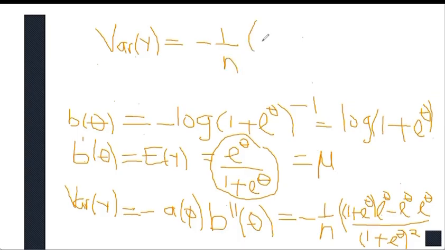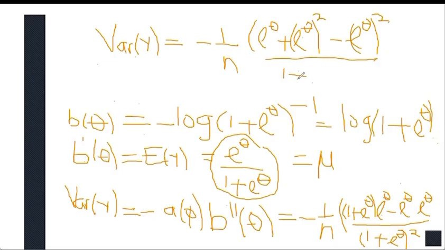Multiplying now, e raised to power theta times e raised to power theta, so that's e raised to power theta, raised to power 2, then minus e raised to power theta, raised to power 2, now divided by 1 plus e raised to power theta, all squared. So this cancels out that.